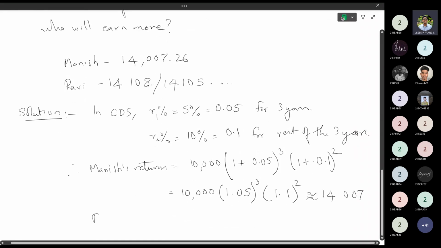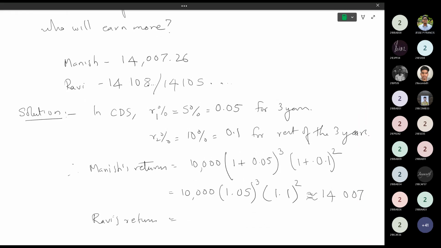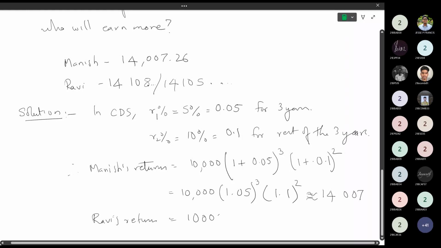And Ravi's return is equal to 10,000 at 7% interest compounded biannually into 1.